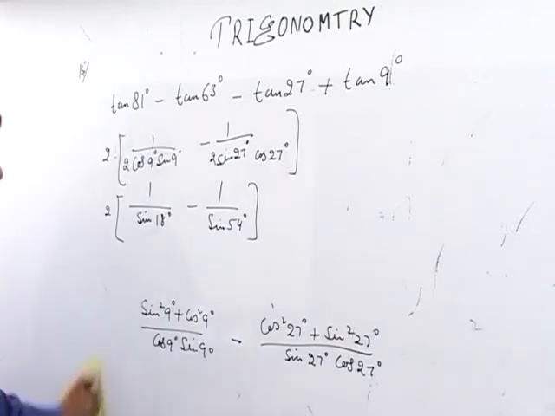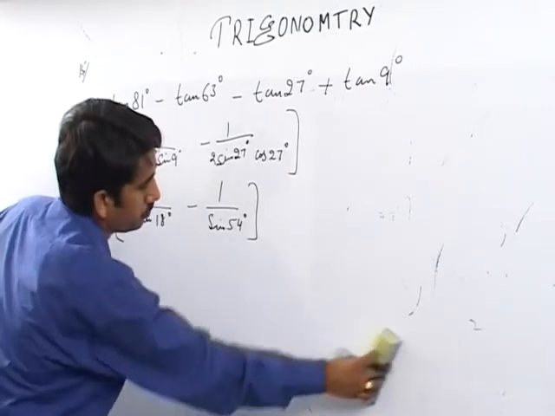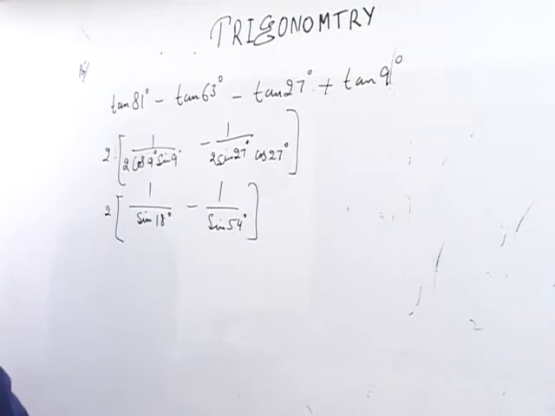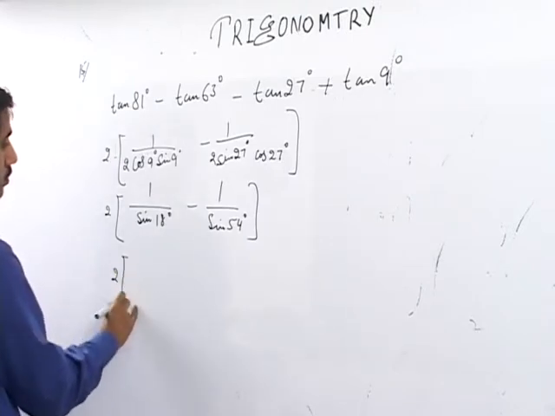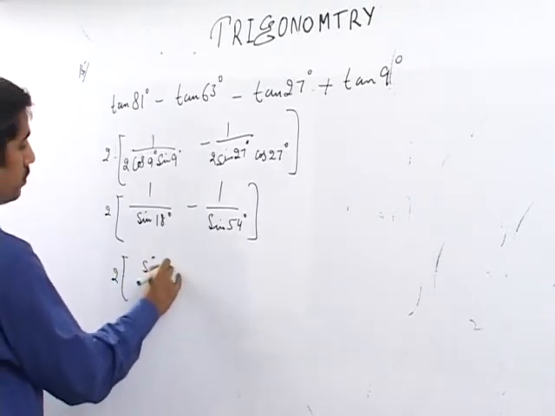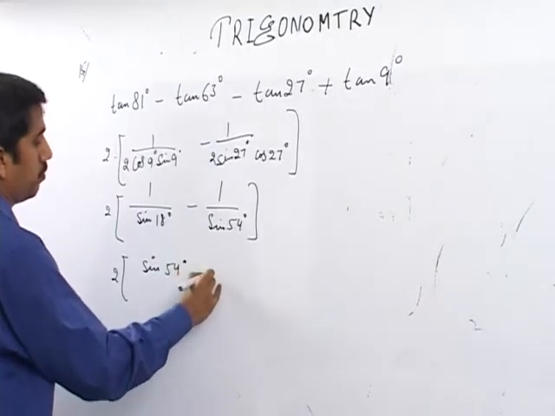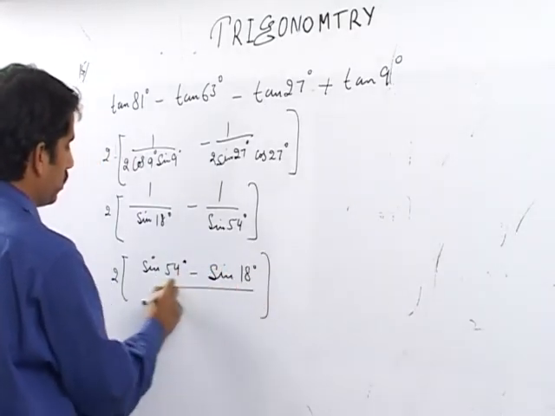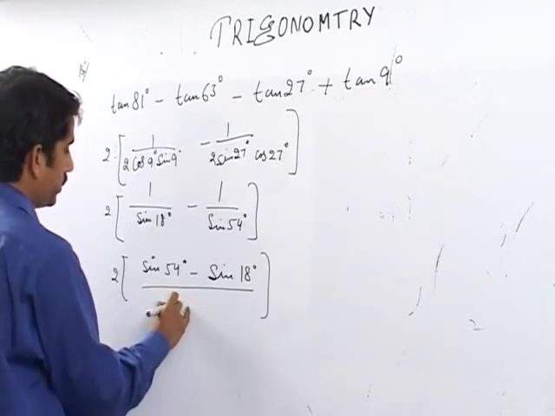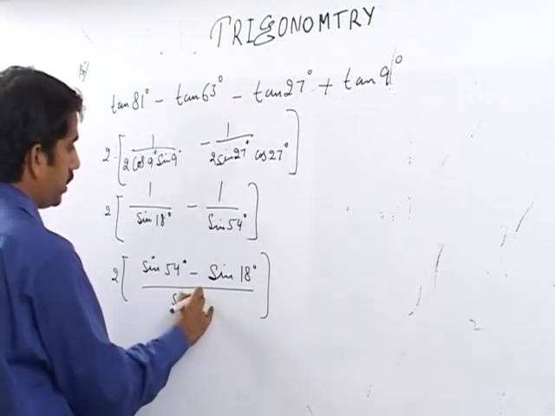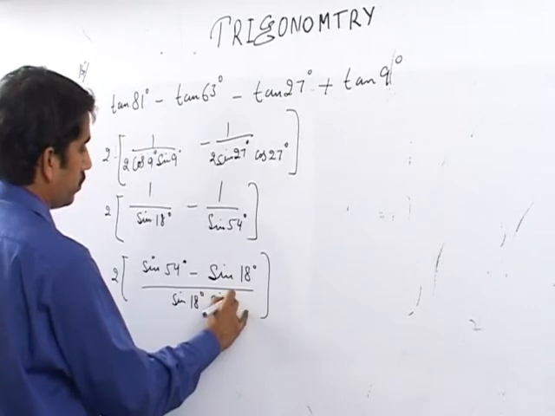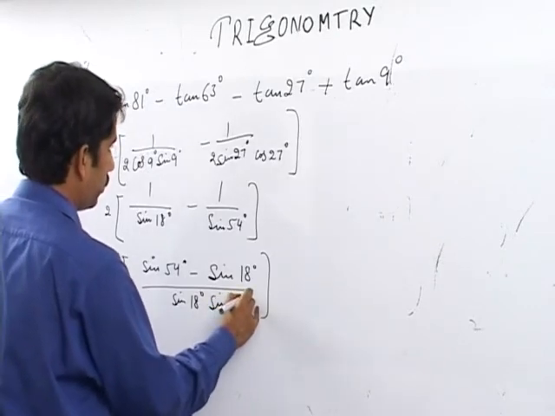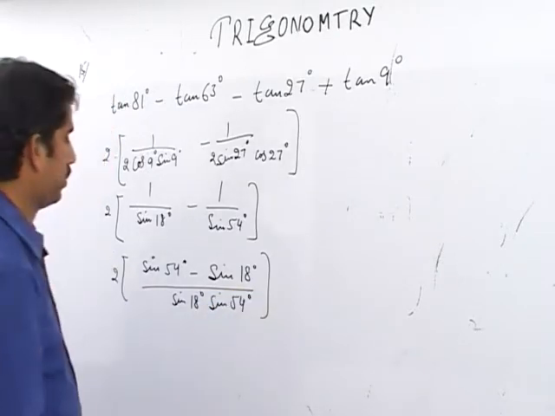Now this will be equal to twice of sin of 54 degree minus sin of 18 degree over sin of 18 degree sin of 54 degree.